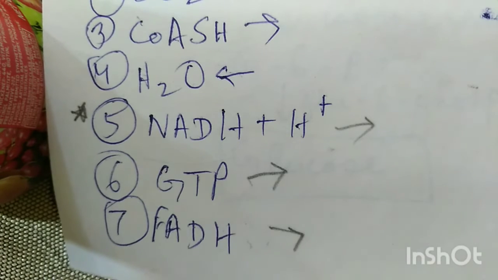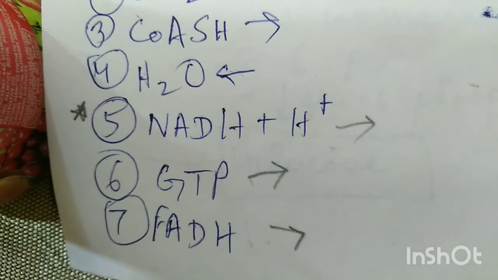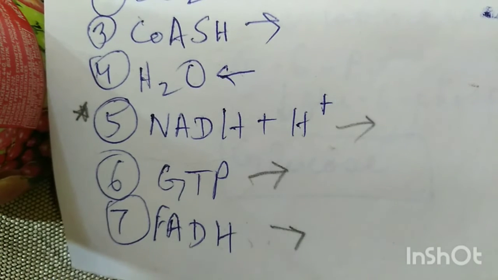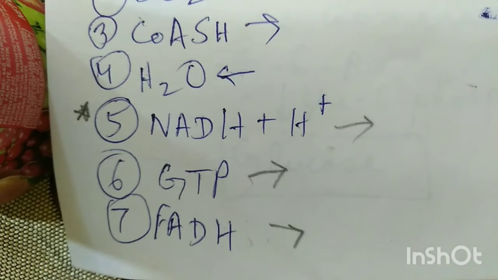In number 7 reaction, FADH2 is given out. These are minor points where your answer will complete the main questions. You have to just remember these places where these reactions take place, or where what enters and what is given out.